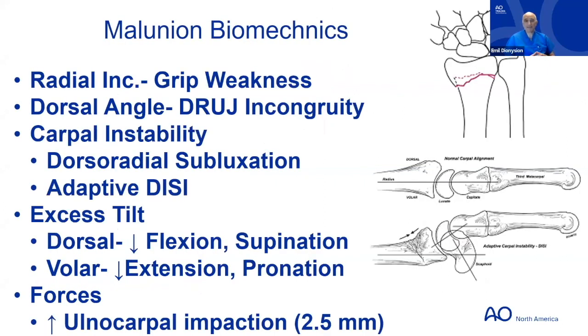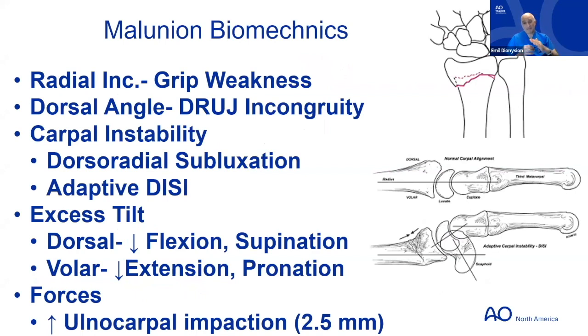Now, how does the mechanics work in there? Once we have discussed the shortening of the radius, there's going to be a grip weakness because the relevant muscles are looser and lengthened. Whereas there's a dorsal angulation, there's the distal radial ulnar joint incongruity that will cause problems with pronation and supination.